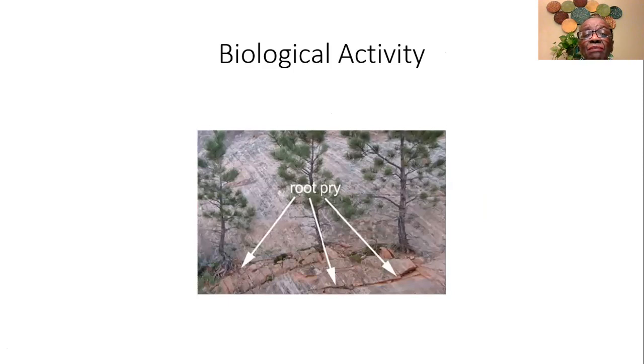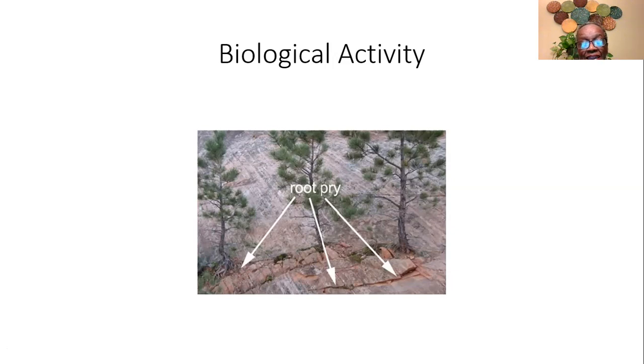And then we can have biological activity. If you look at this, we can have plants that grow in the cracks or the joints of the rocks. As the roots get larger, that will make the crack in which the plant is growing larger, so that will break it apart.